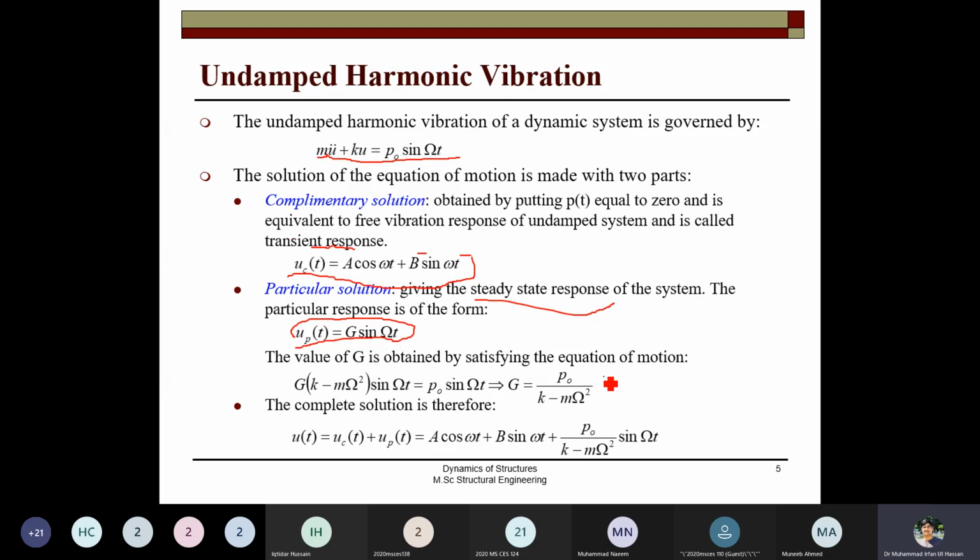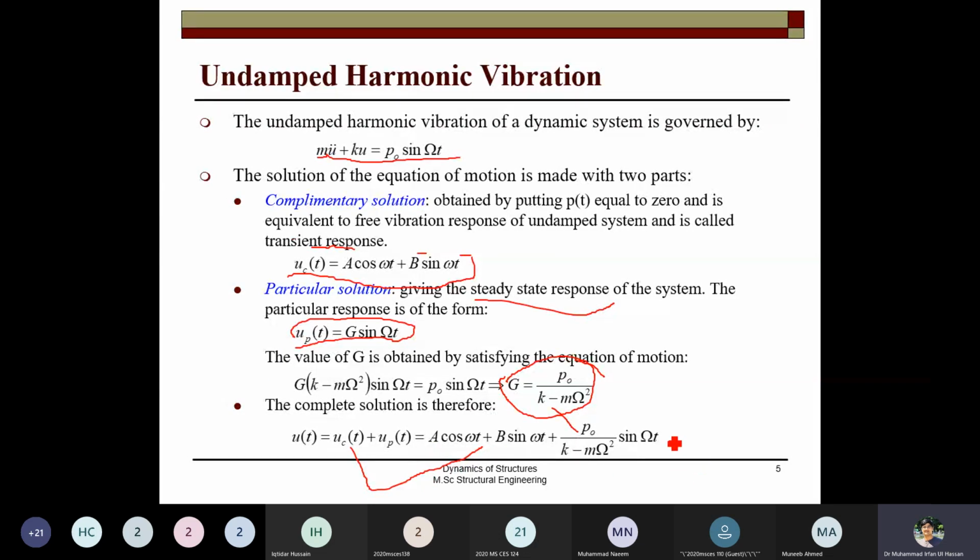G comes out to be this value for the particular solution, and the complementary solution we can get from the previous cases of free vibration, because that is the response of the system. So the complementary solution is this one and the particular solution is this one.